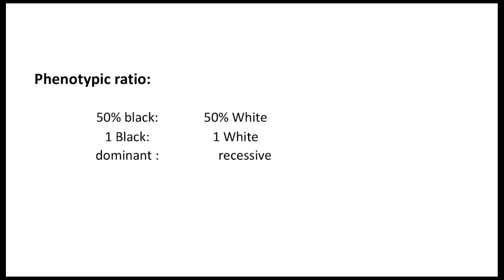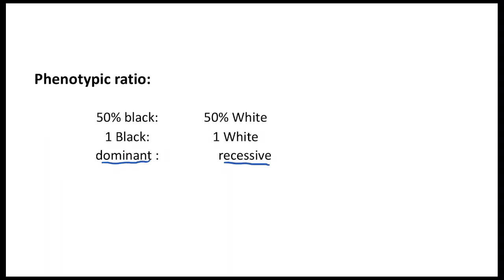So the phenotypic ratio, on the other hand, is what we actually see. So the genotypic ratio is what the gene makeup is. The phenotype is based on appearance. So this goes back to our original Punnett square, where we had 50% white, 50% black. Here, we again always write the dominant before the recessive.